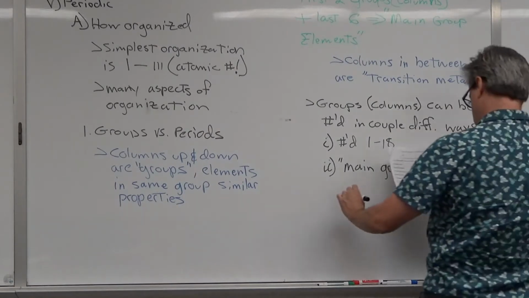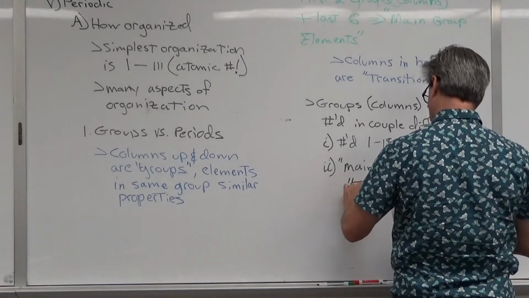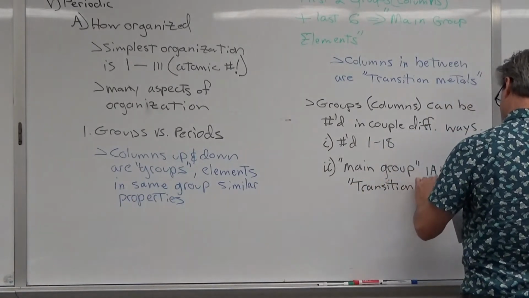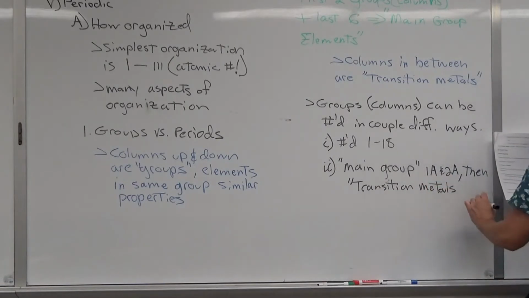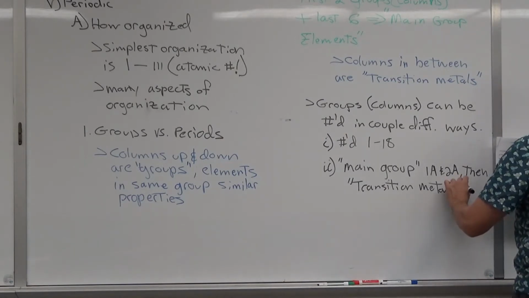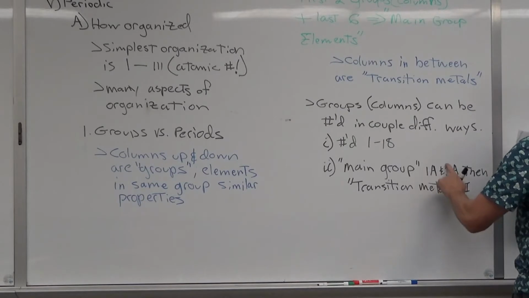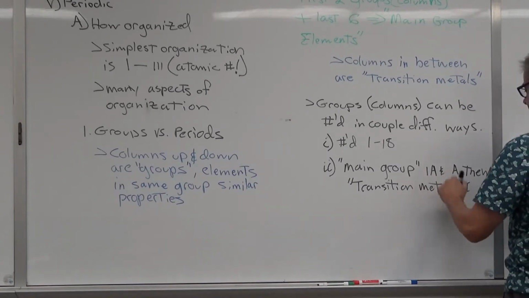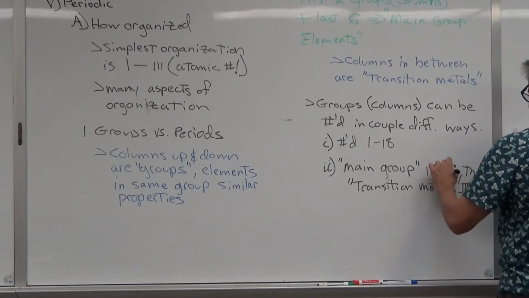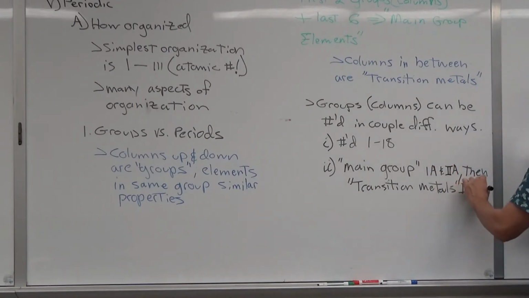Then the transition metals, and that is 3, and actually these should be Roman. See, the thing is sometimes they don't use Roman in other periodic charts. I think I was looking at one that didn't, but let's stick with the Roman since that's the chart you have in front of you. 3B to 8B.